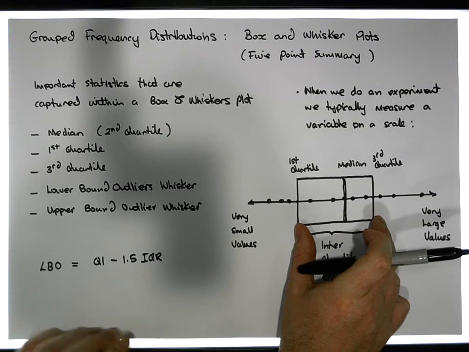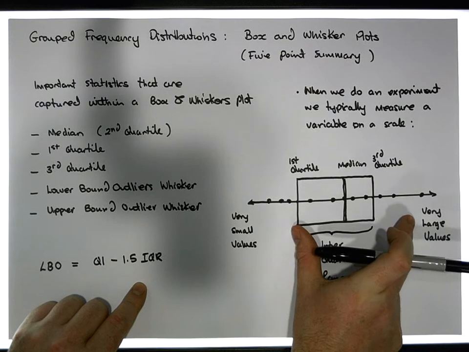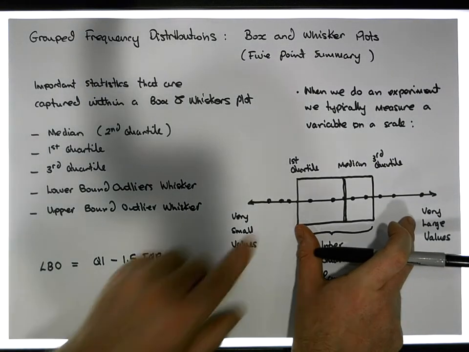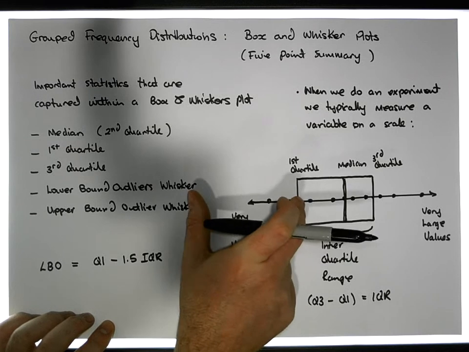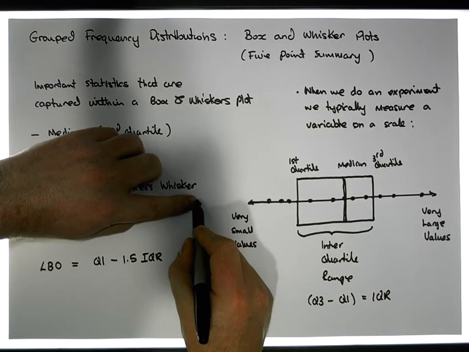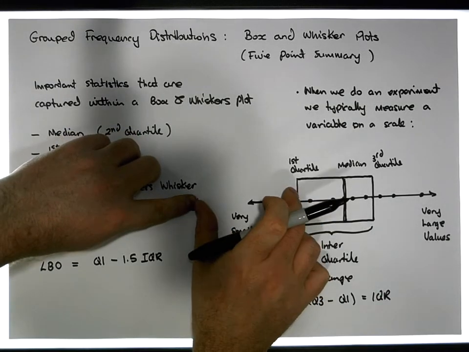So 1.5 times that distance probably gives us a distance of about this, between these 2 points here. So 1.5 times it less than the first quartile would give us a value out here somewhere.